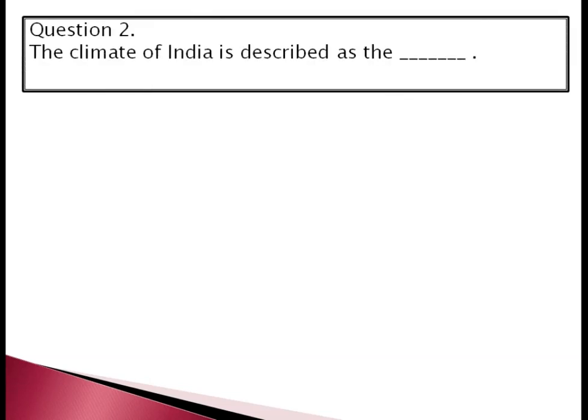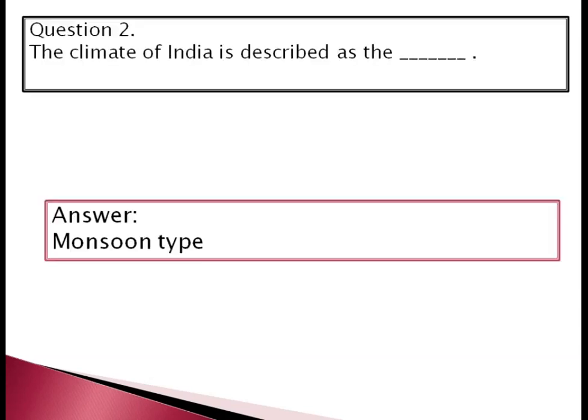Question number 2. The climate of India is described as. In India, we observe the climate as monsoon type. So India has a monsoon type climate.